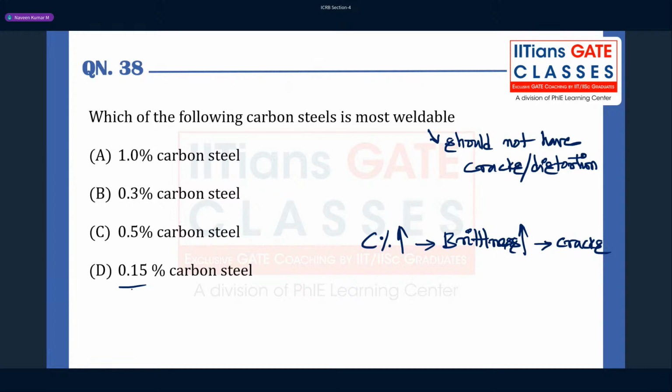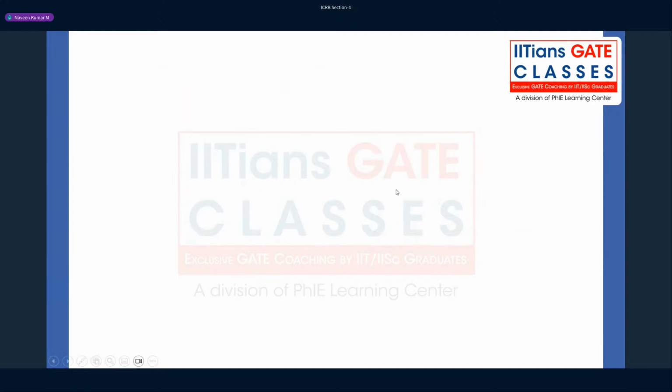As it has less carbon, it means low brittleness, a high amount of ductility, and hence you don't have any crack tendency, and that is called a weldable material, right? The weldability will be good in low carbon steel, that is 0.01 to 0.15%. In these options, 0.008 is also low carbon only. But according to the given options A, B, C, D, 0.15 is the least. That's why I'm taking this answer. Okay, good.